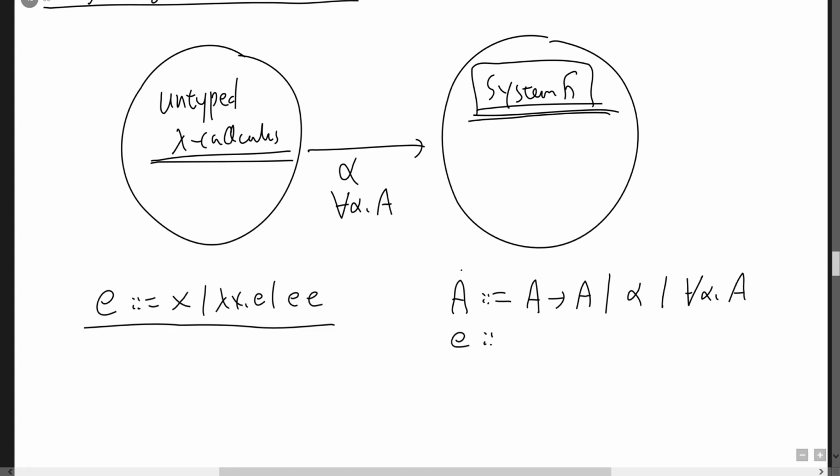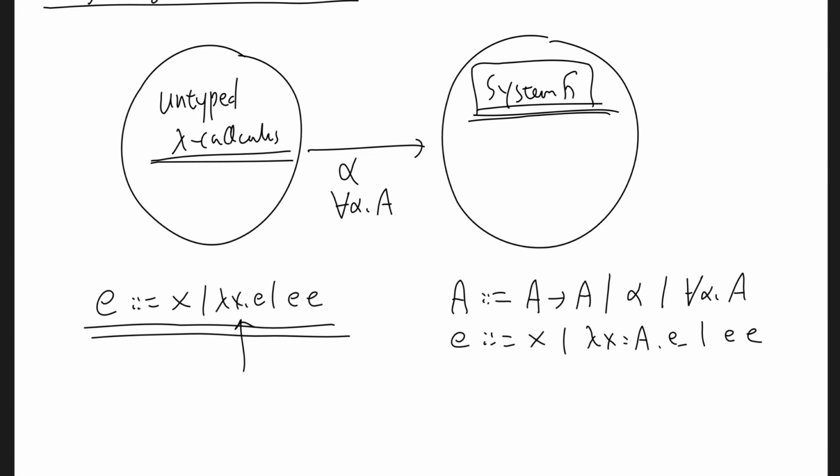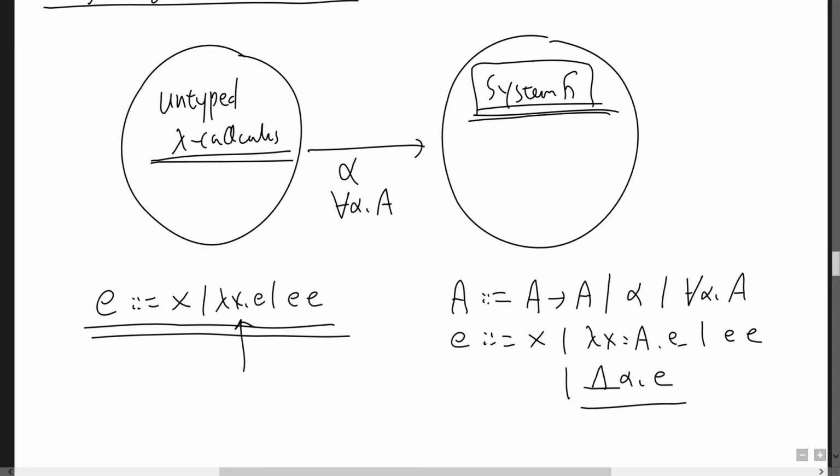And expressions are variables and lambda abstractions. But unlike in untyped lambda calculus where there's no type annotation, here we have type annotation. And we have application. And new to System F is what is called type abstraction, which allows you to introduce new type variables. So in this case, we introduce a fresh type variable alpha.